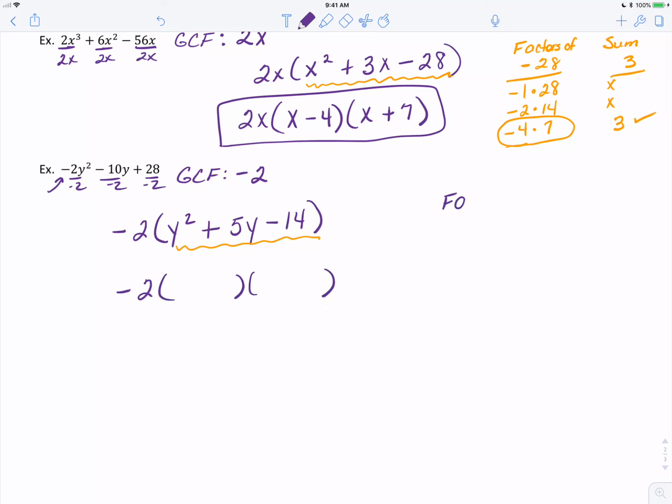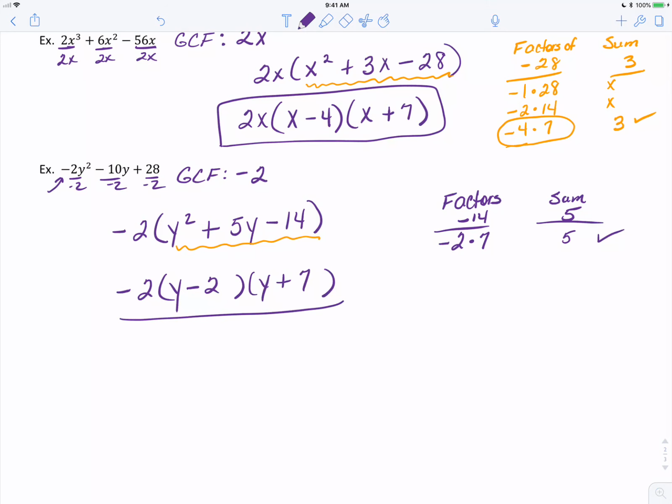So we're looking for factors of negative 14 whose sum is 5. And that should be negative 2 times 7. That adds up to be 5. So that is it. So this one starts with a y, so make sure you put y in there. Don't just get in the habit of putting the x. Negative 2 times y minus 2 times y plus 7, final answer.